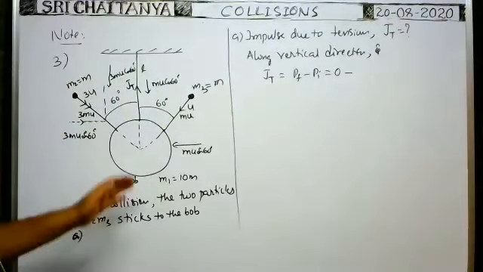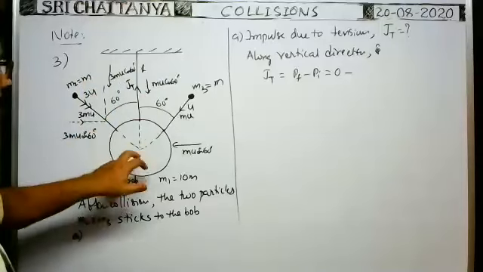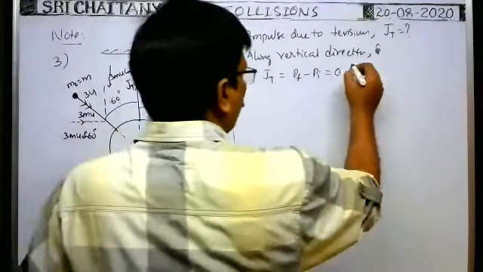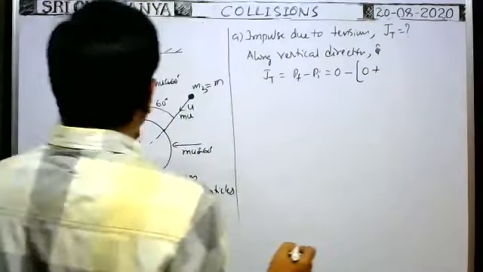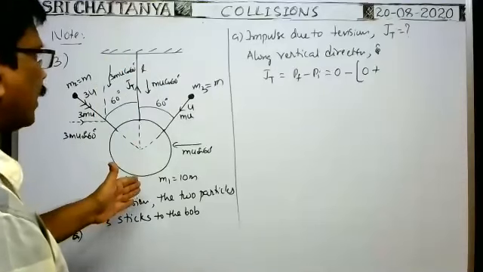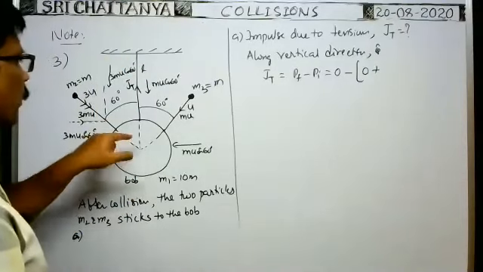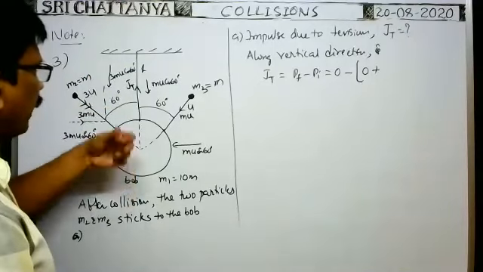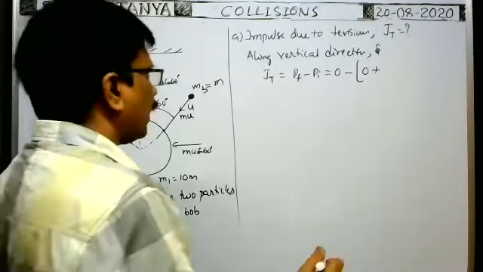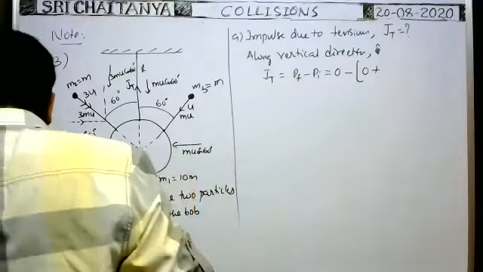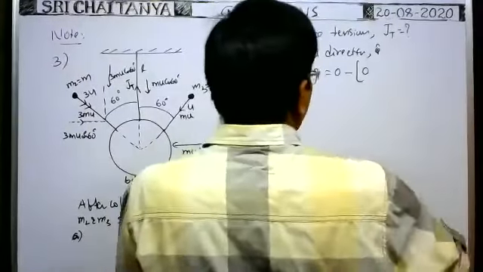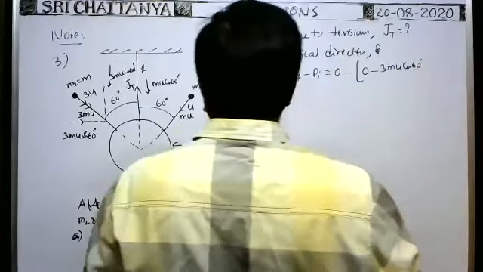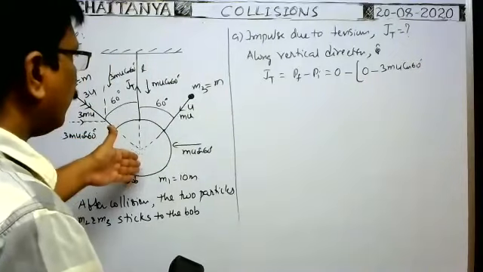Before collision, the initial momentum of the system of two particles and one sphere along vertically downwards direction is, for this sphere, momentum is 0. For this first particle, momentum along vertically downwards direction is, but here you have to remember that initial momentum of this particle along vertical direction is downwards, whereas impulse received due to tension is upwards. That's why we have to write minus sign. So minus 3mu cos 60 plus this momentum component along vertically downwards direction only.